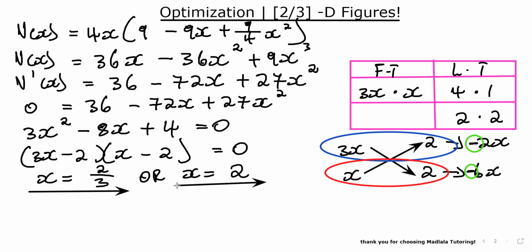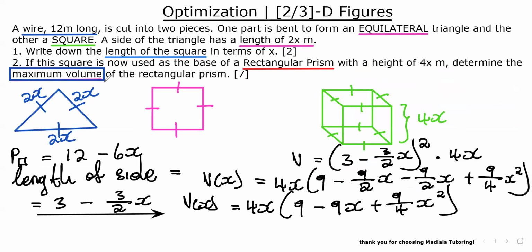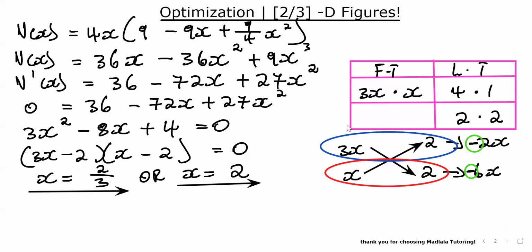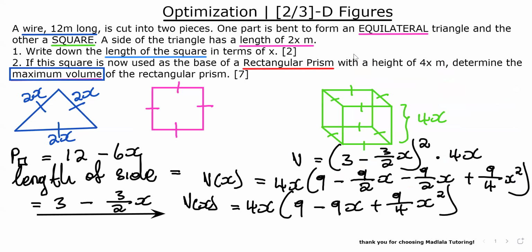That's fine. But remember, we are looking for the maximum volume, right? So we need to substitute both of these values of x into the volume function and see which one is going to give us the bigger volume. Yeah, so let's just go to the first equation of volume that we came up with.